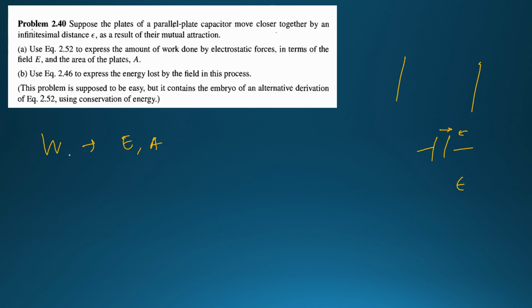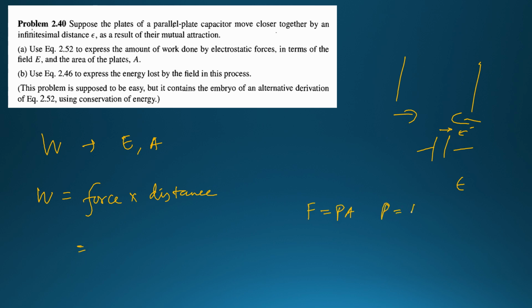Let's see. Work done is force into distance. As they are attracting each other, work is done, and the distance is epsilon. Force I can write as pressure into area, because pressure is force by area.